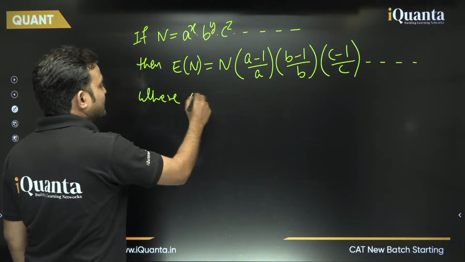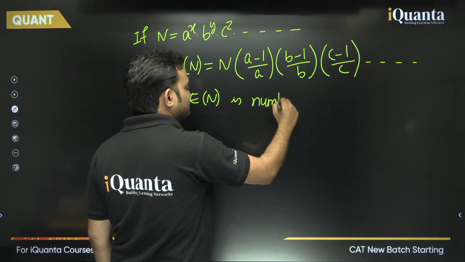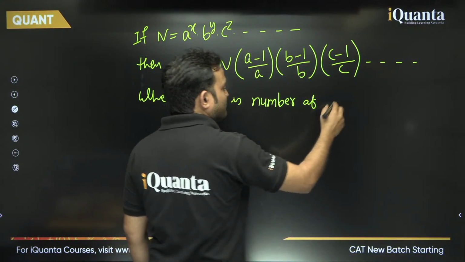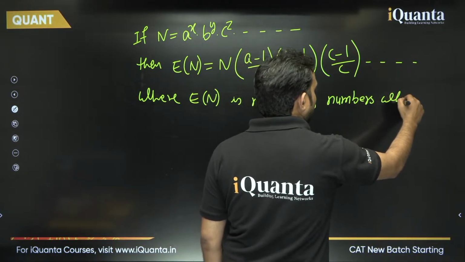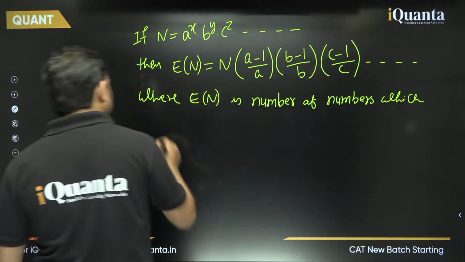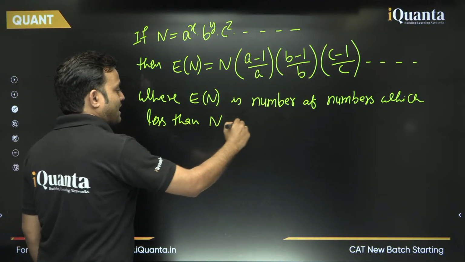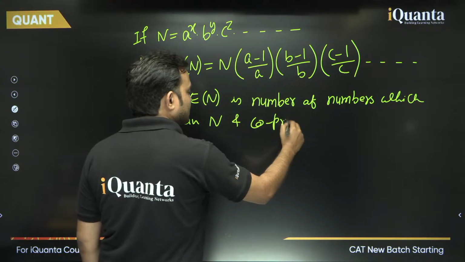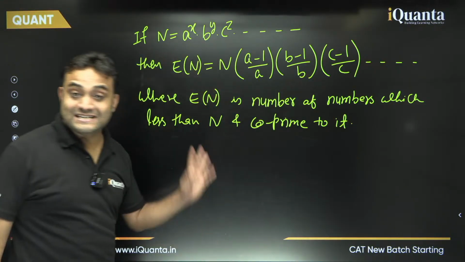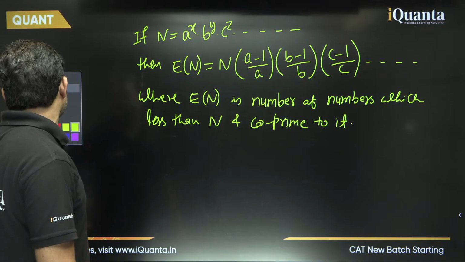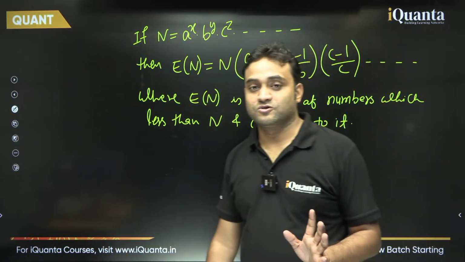What is Euler of n? It is the number of numbers which are less than n and co-prime to it. This is the concept that will be used in this question. If you are not aware of this, then this is a very difficult question.